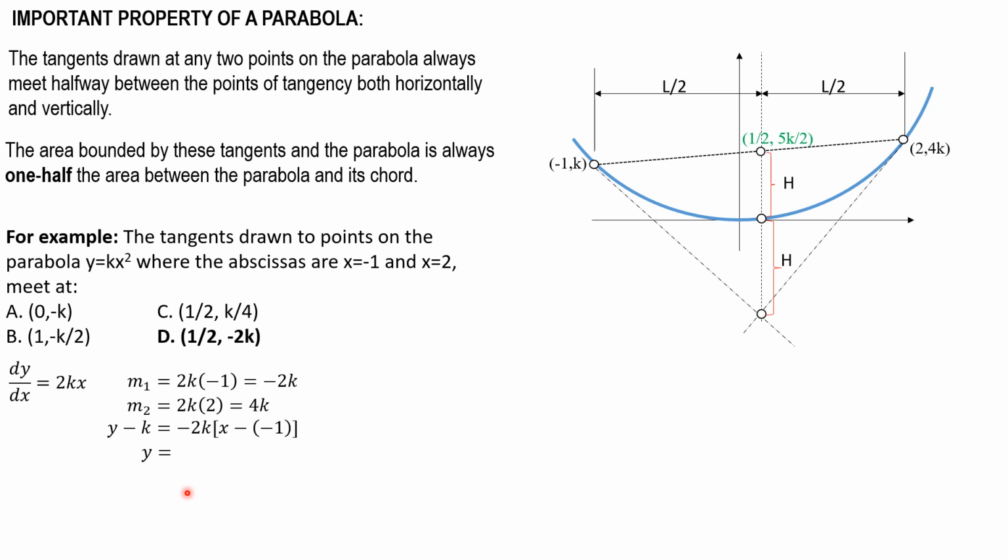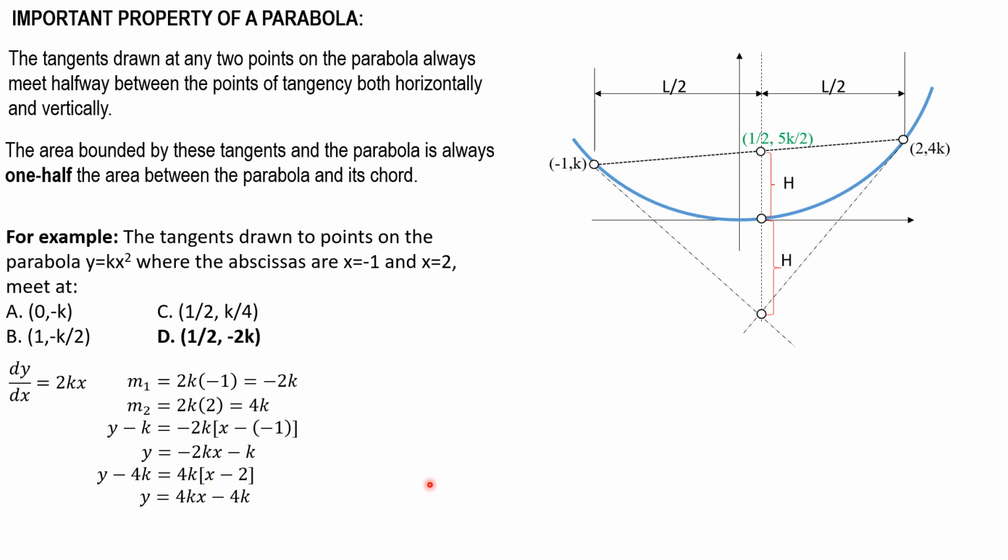So y equals -2kx minus k. For the second tangent, the slope is 4k. y minus 4k equals 4k times quantity x minus 2. So y equals 4kx minus 8k plus 4k. So it is y equals 4kx minus 4k.